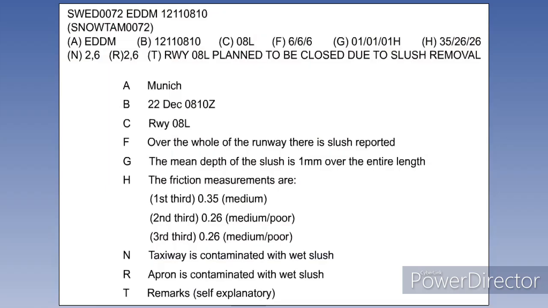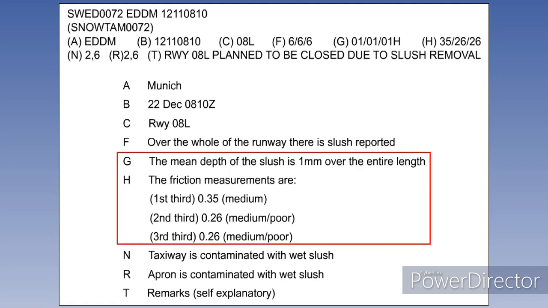When operations are required on snow or slush contaminated runways, a SNOTAM is available to the flight crew. The SNOTAM contains information concerning the friction measurements on each third of the runway. A sample SNOTAM for Munich is on screen. The validity of the SNOTAM is 24 hours.